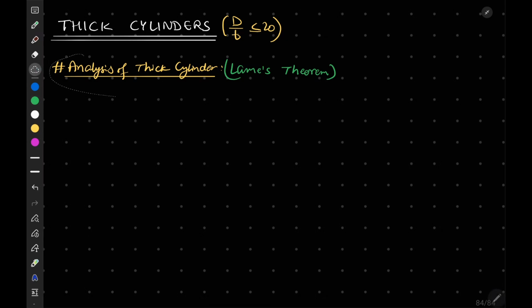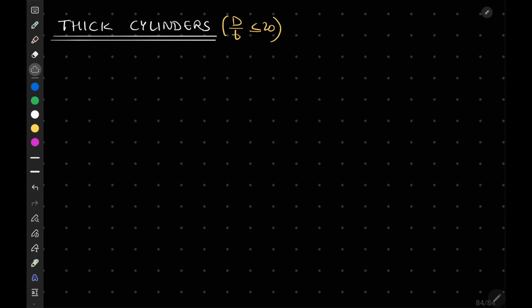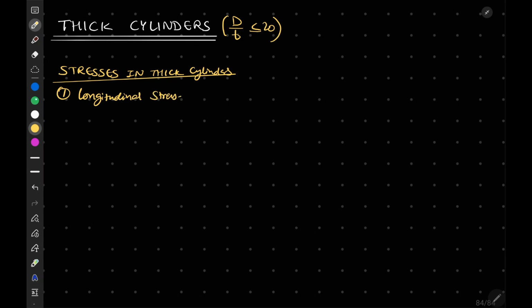So let's talk about the different stresses in a thick cylinder. First stress is your longitudinal stress. It is represented by sigma L, and is tensile and uniform.